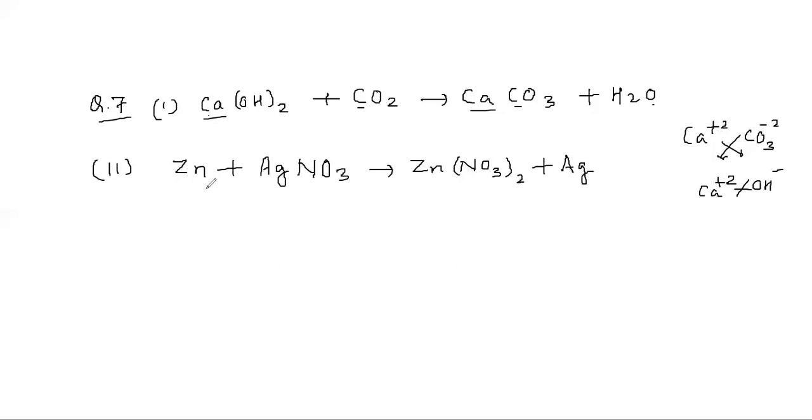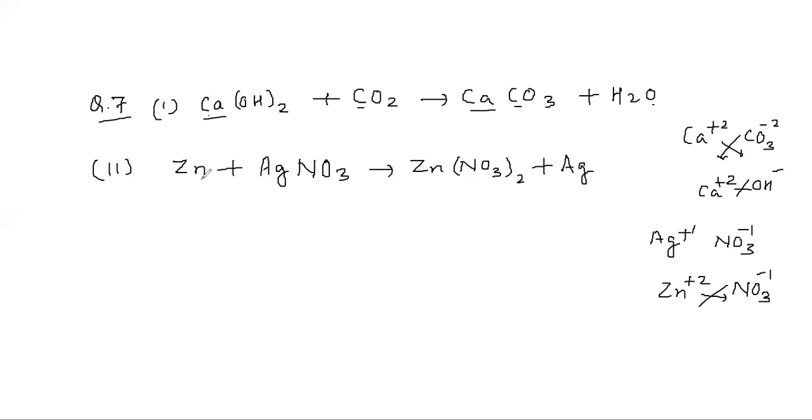First of all, we should check why AgNO3 or why Zn(NO3)2. So Ag has valency +1, NO3 has valency -1. So after transfer it will remain AgNO3. Zn has valency +2 and NO3 has valency -1. So after transferring, it will be Zn(NO3)2. So that is why this is written here.